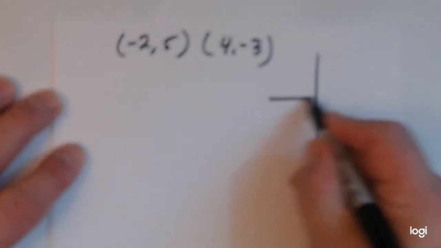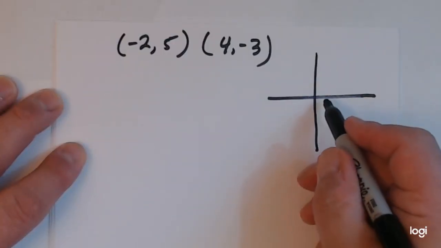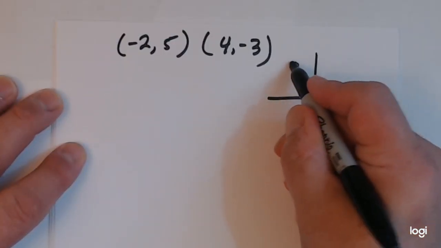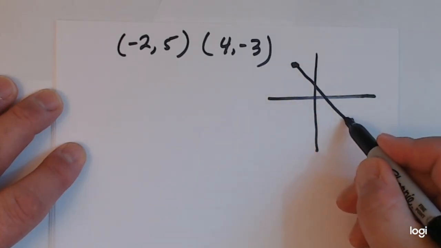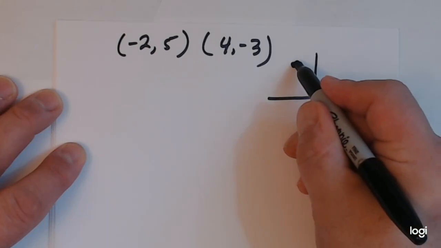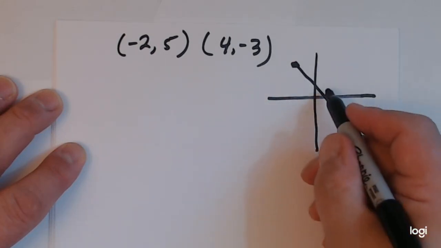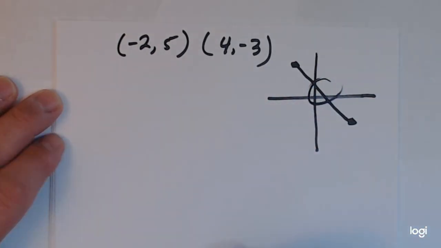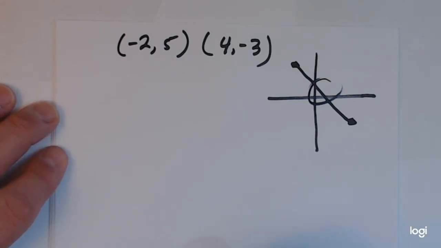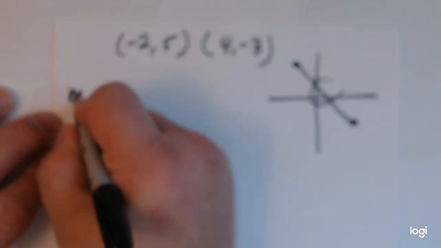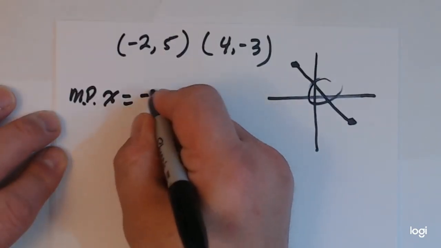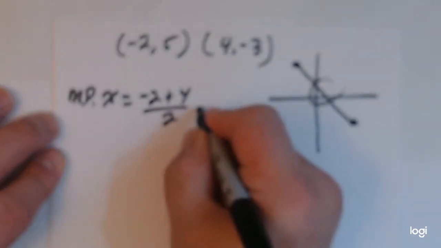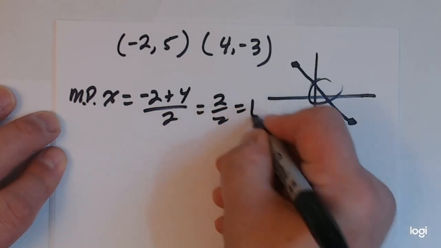Let's see what this looks like on a graph. So we have negative 2, 5, and 4, negative 3. It's going to look something like so. The midpoint will be somewhere around there. So the midpoint x is negative 2 plus 4 over 2, which is 2 over 2 equals 1.